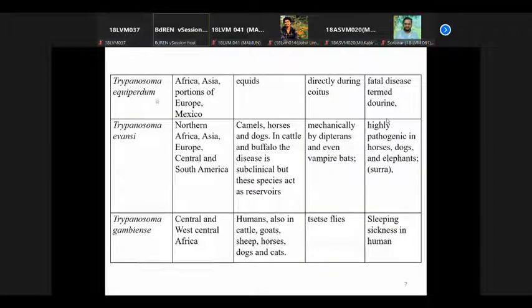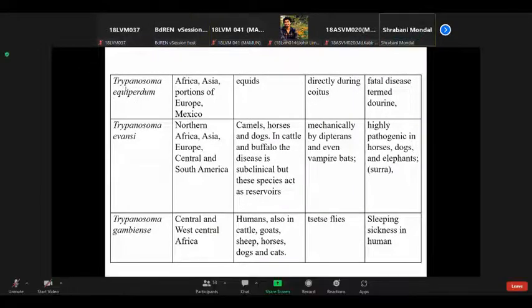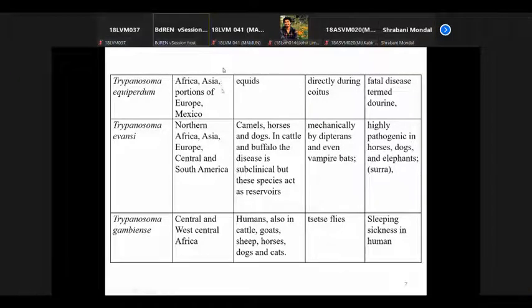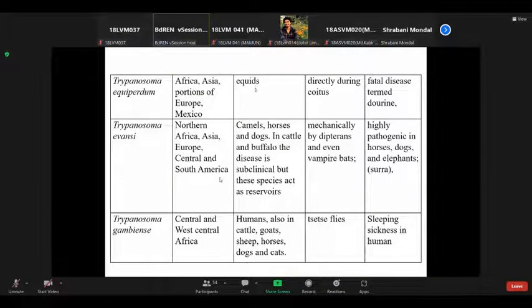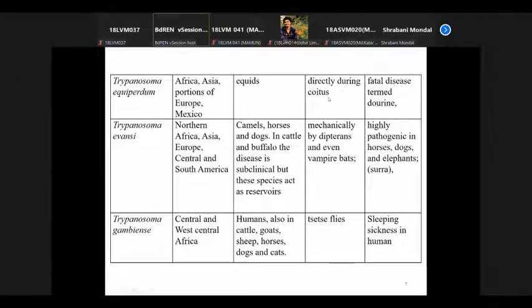So the next one, Trypanosoma equiperdum. Africa, Asia, portions of Europe and Mexico. You see, Asia. Now it is coming to our Asia, from Africa to Asia, part of Europe and Mexico. Equids, all the equine horses, directly during coitus.